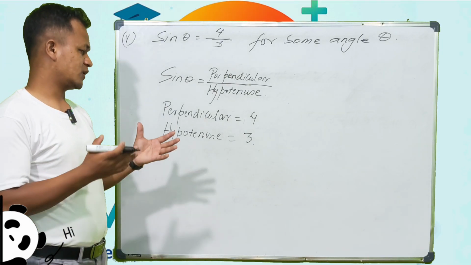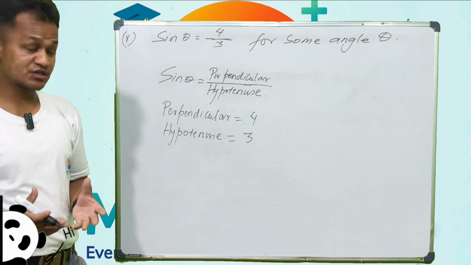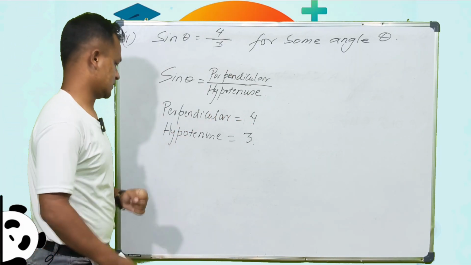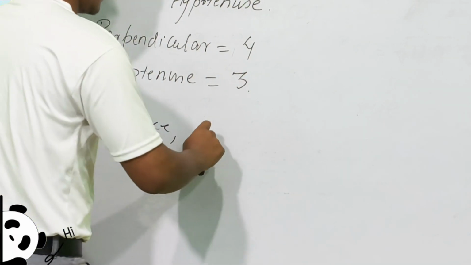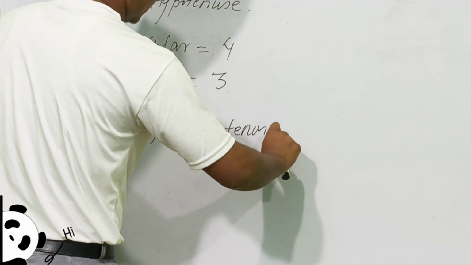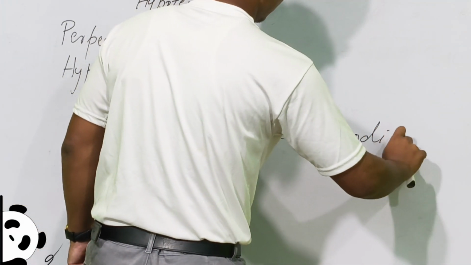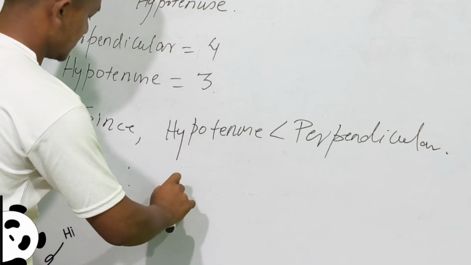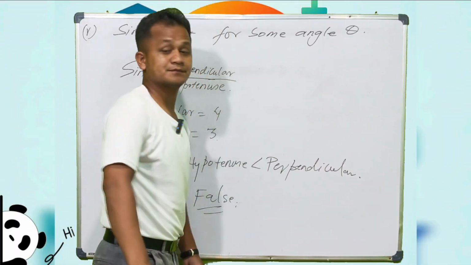So we can write: since the hypotenuse is less than the perpendicular, therefore the given statement is false.